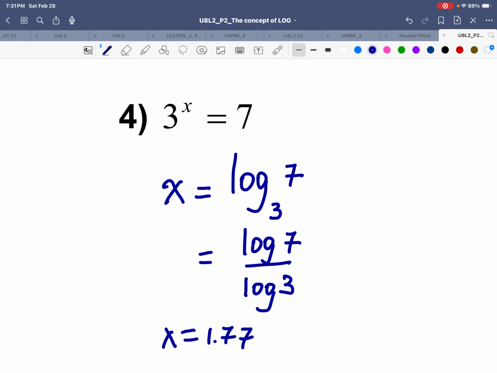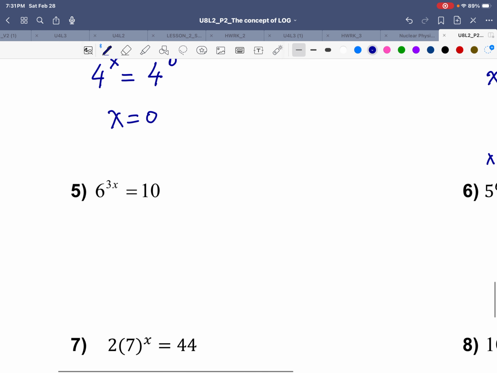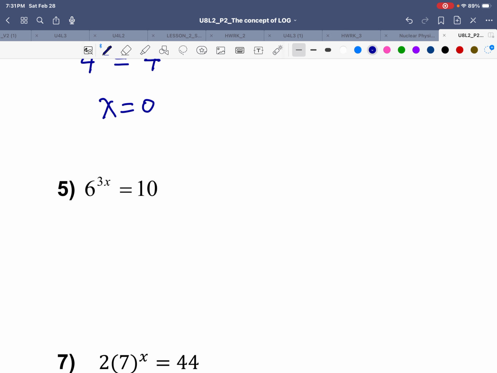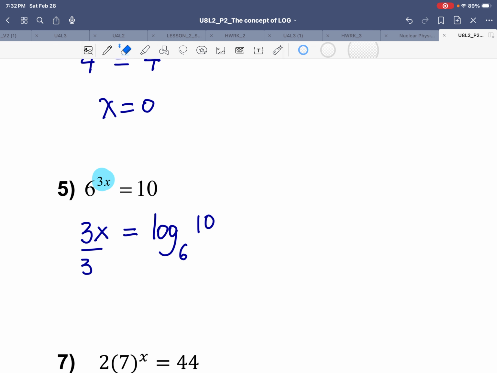All right. So we're going to change up the questions slightly here. In this case, we have 3x in the exponent. So we're going to say 3x is the exponent that we must give to base 6 to obtain number 10. So you want to isolate x from number 3, which means that we have to divide by 3 or multiply by 1/3.